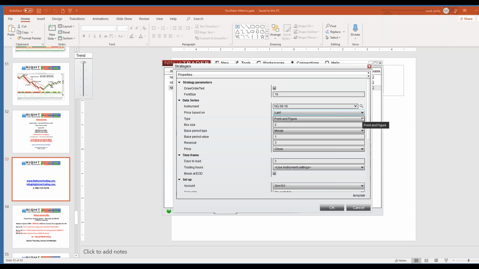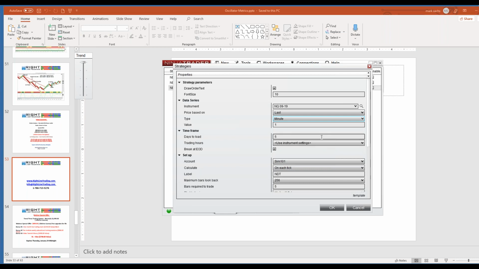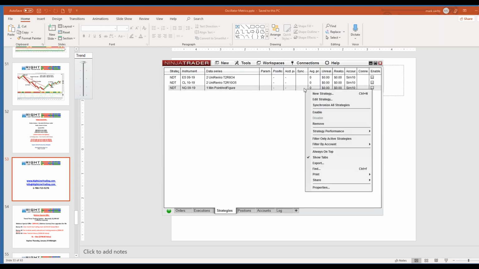If you're on a minute chart, you can go 10 minutes, 50 minutes, even 150. It doesn't matter. It will work on anything and on any formation. It's just programmed into the strategy section right here when you right click.